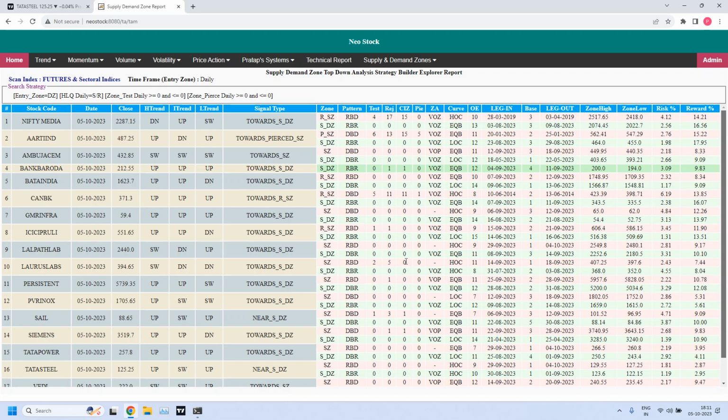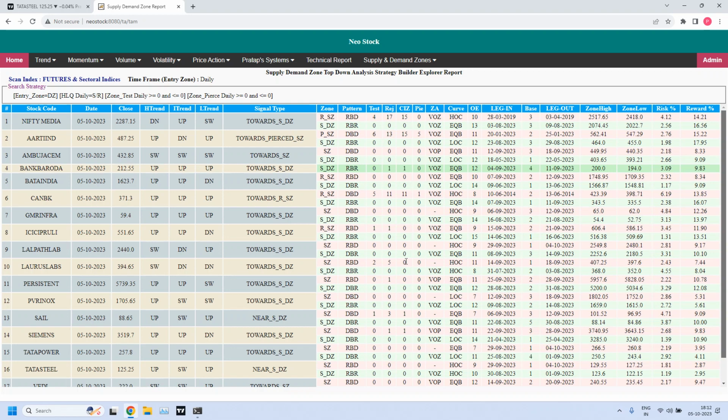But remember the trade procedure, the principles you should not forget. For a fresh zone, you should always take entry at the zone high for a demand zone. Your entry should be at the zone high for a demand zone. You should not forget this point. To manage the risk, what you have to do? Go to the 75 minutes. At the daily zone high, you try to identify a 75 minutes demand zone.